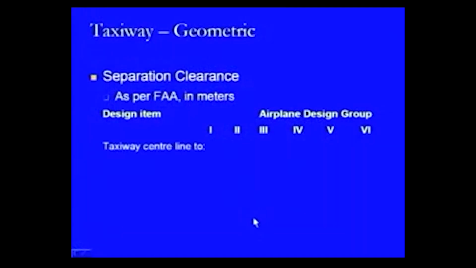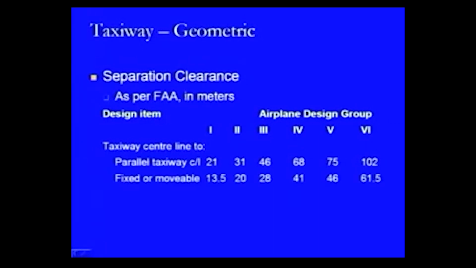Further, it is also being defined by FAA in terms of the design item and the airplane design group. For the taxiway center line to the parallel taxiway center line, it is 21 meters for category 1, and then it is 31 meters, 46 meters, 68 meters, 75 meters and 102 meters for the final category 6.